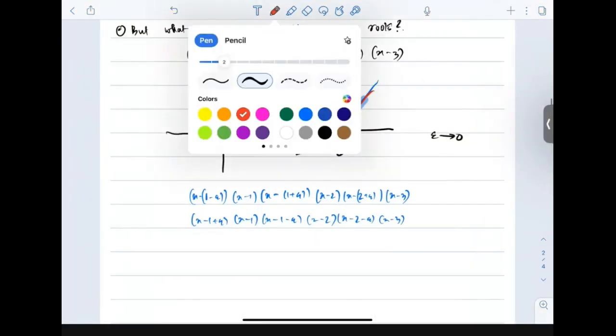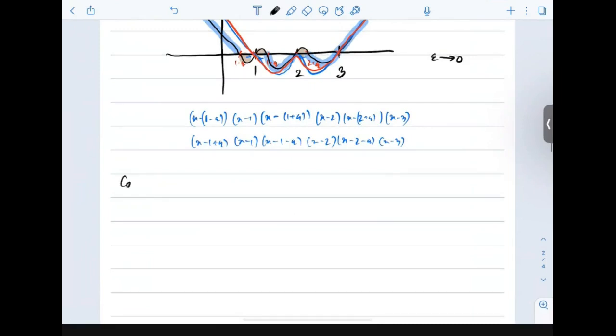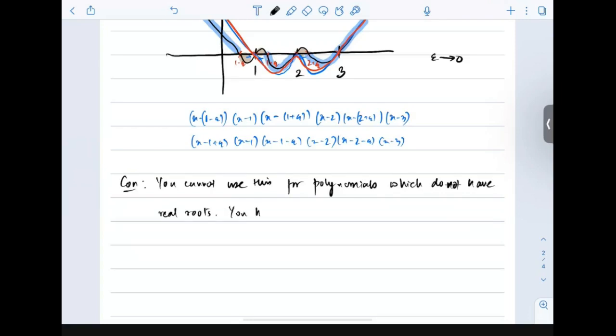The issue is that you cannot use this for polynomials which do not have real roots. You have to rely on the next methods.